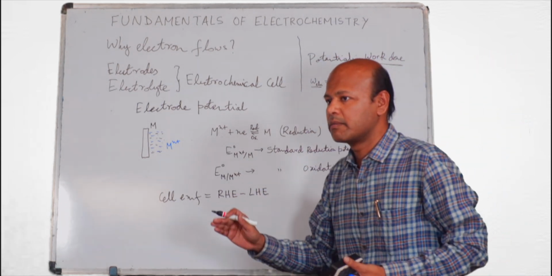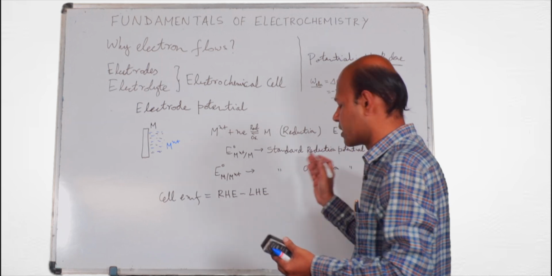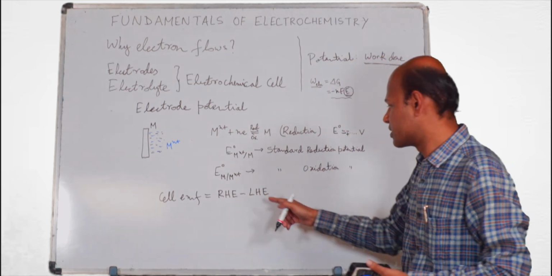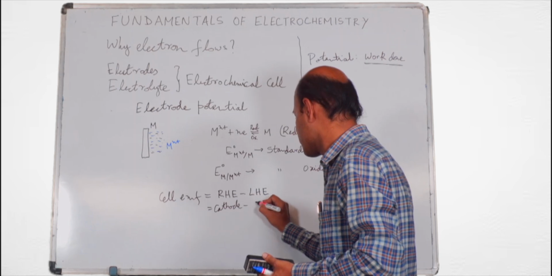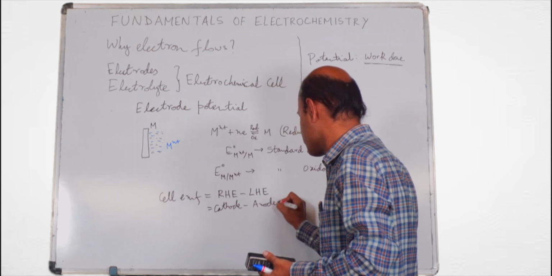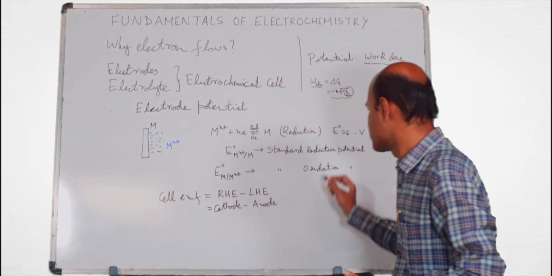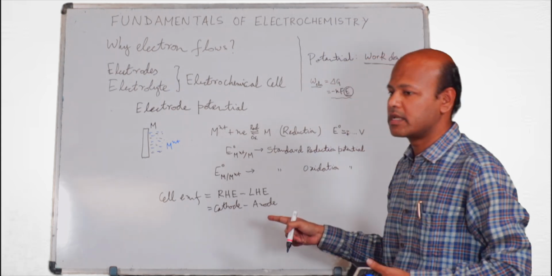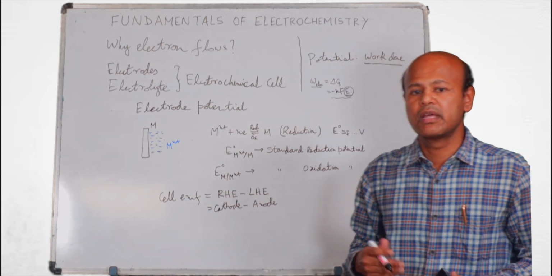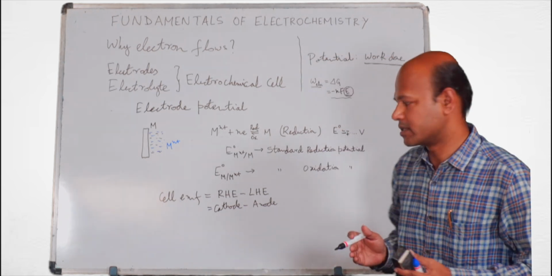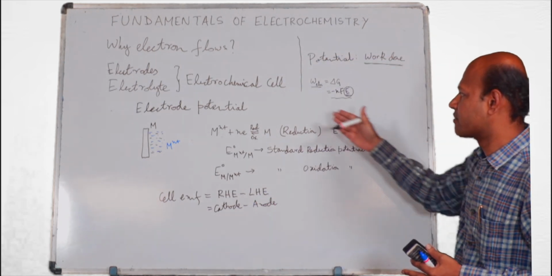RHE, LHE means RHE minus LHE. So this is my cathode. This is my anode. So this is my E cell. This is how the net cell EMF is represented for any electrochemical full cell. So this is how I have explained.